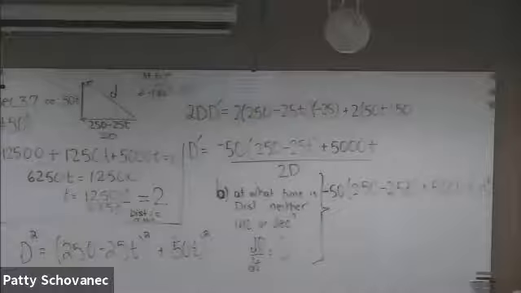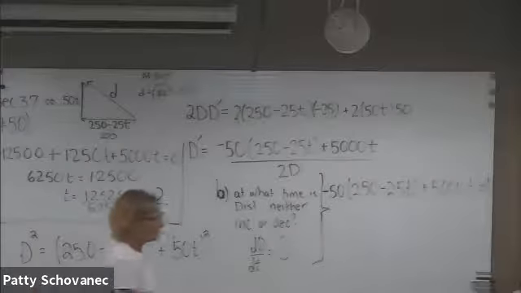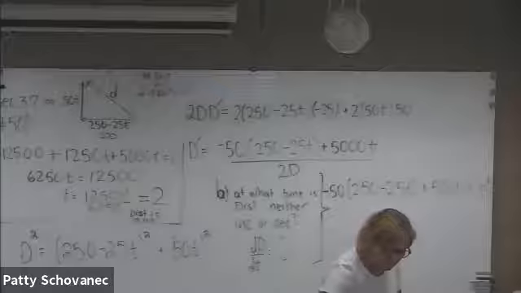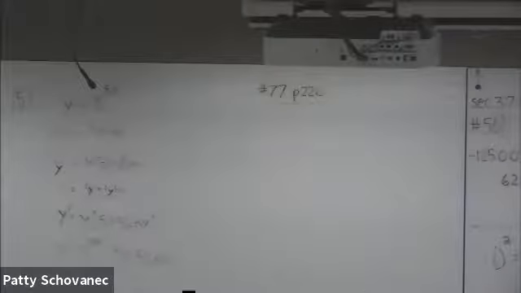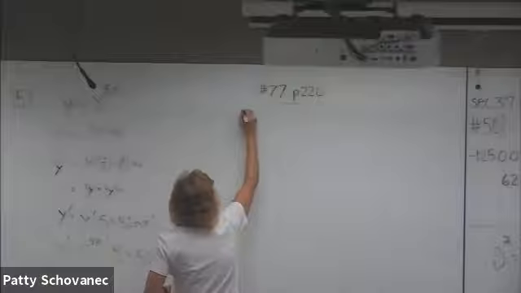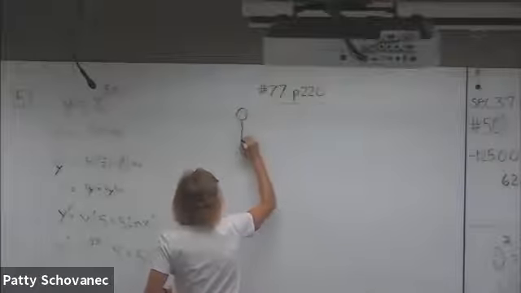Number 77, on page 220. I'm gonna move the camera to the east side here. Okay, so here's the picture. We've got this lighted ball coming down. So there's the lighted ball, and it's coming down.